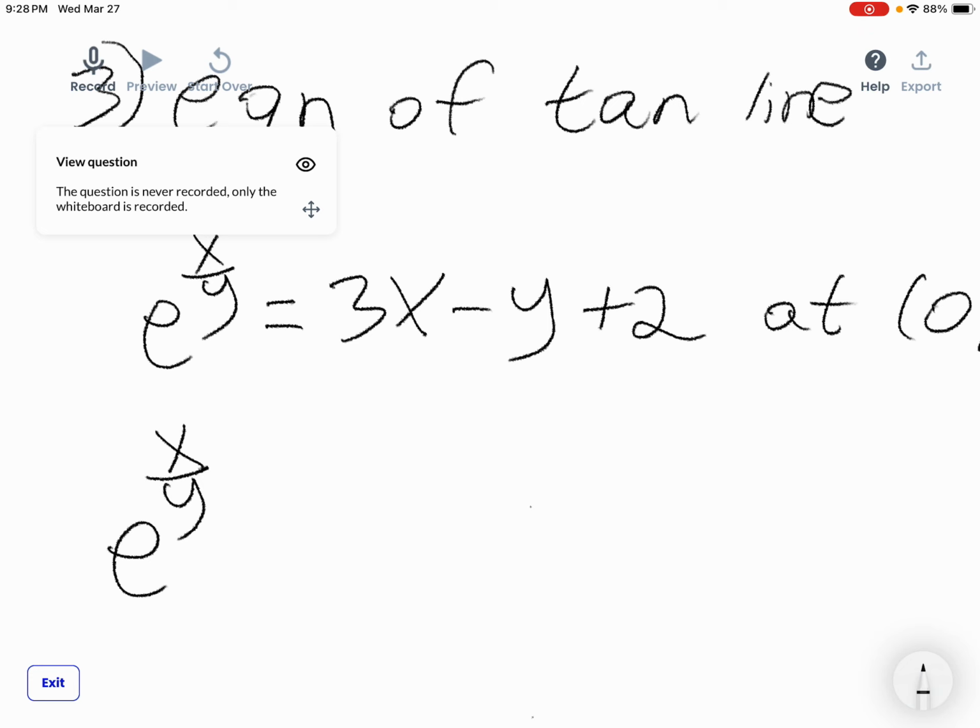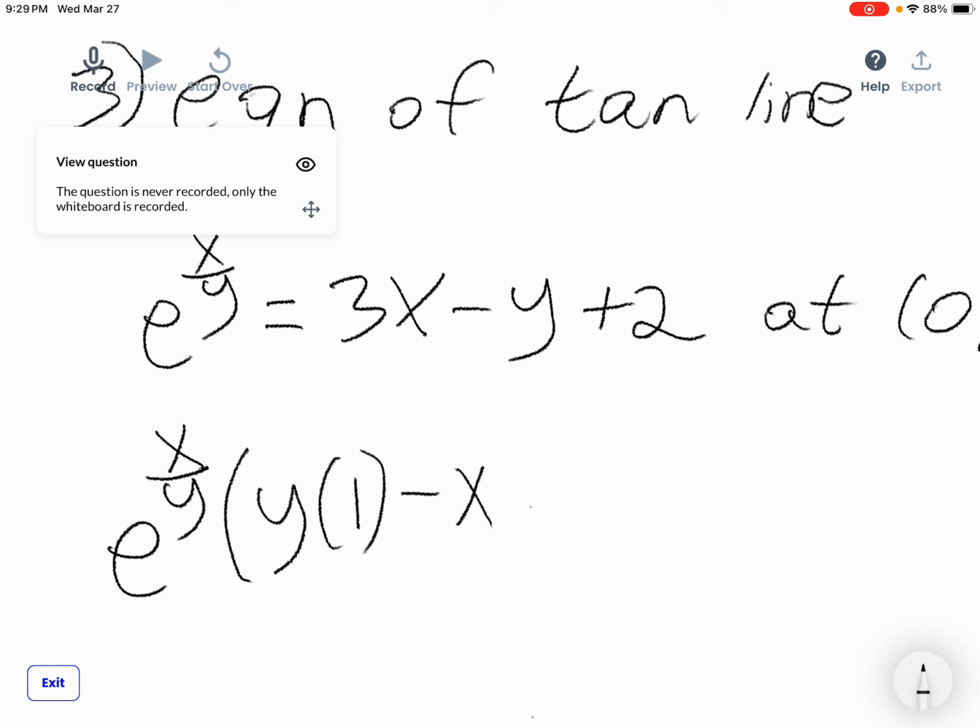So the derivative of x over y by the quotient rule is going to be the bottom, which is y, times the derivative of the top. The derivative of x with respect to x is just 1. So that's the bottom times the derivative of the top, which is 1, and then minus the top, which is x, times the derivative of the bottom.